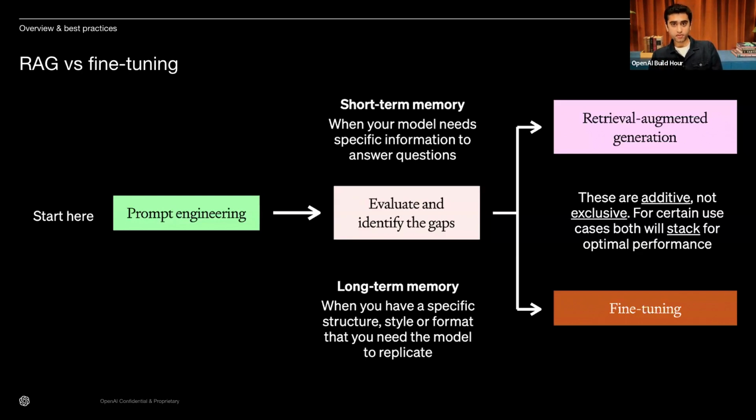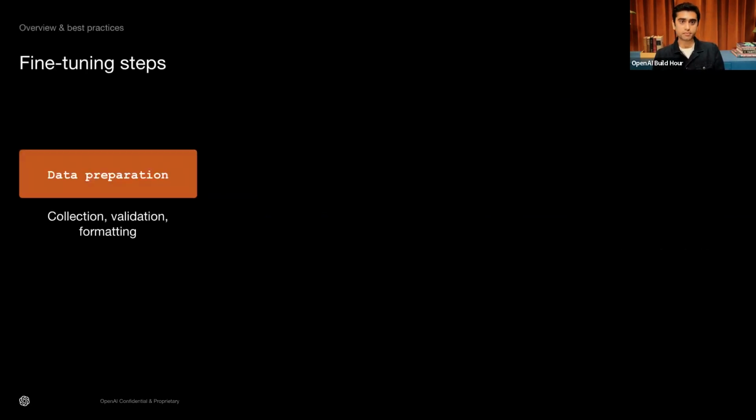So first, consider if you need the model responses to be grounded to specific knowledge, then you want to start with RAG. If you want to give the model specific instructions on a well-defined constrained task, then fine-tuning can be a good use case. These, again, are additive, so it's not exclusive. For certain use cases, both fine-tuning and retrieval augmented generation will really stack up the performance on a particular task.